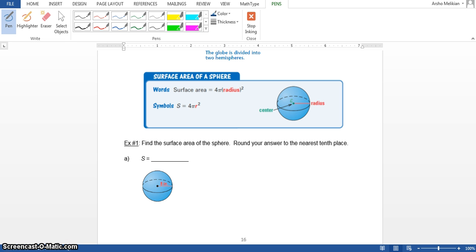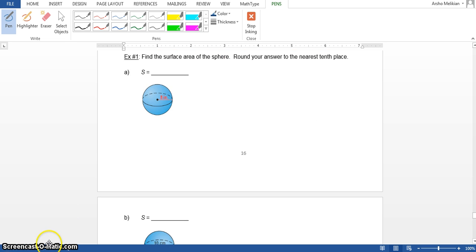Let's look at this example. It says to find the surface area of a sphere, and we're going to round our answers. The radius here is 8 inches, so the surface area is 4 pi r squared. 4 pi, 8 inches squared. This is 4 pi times 64.